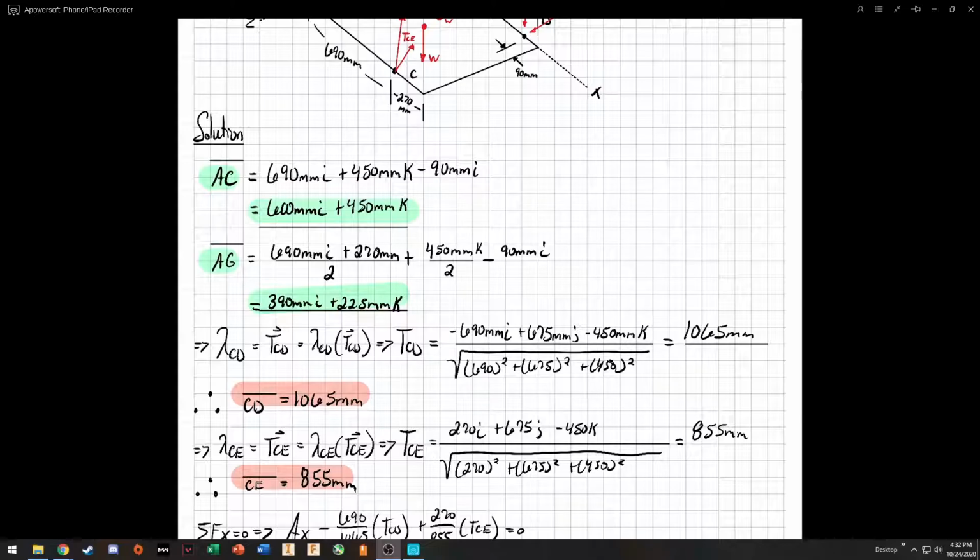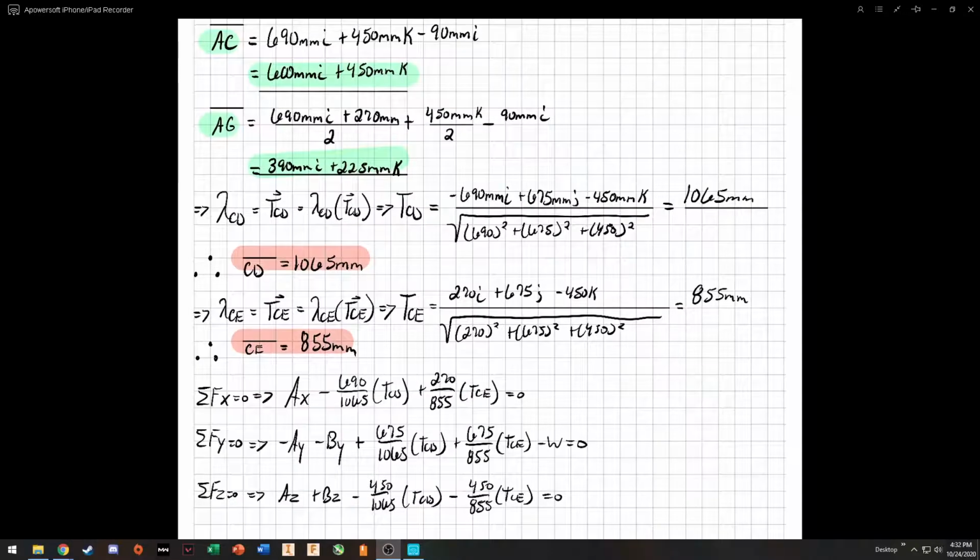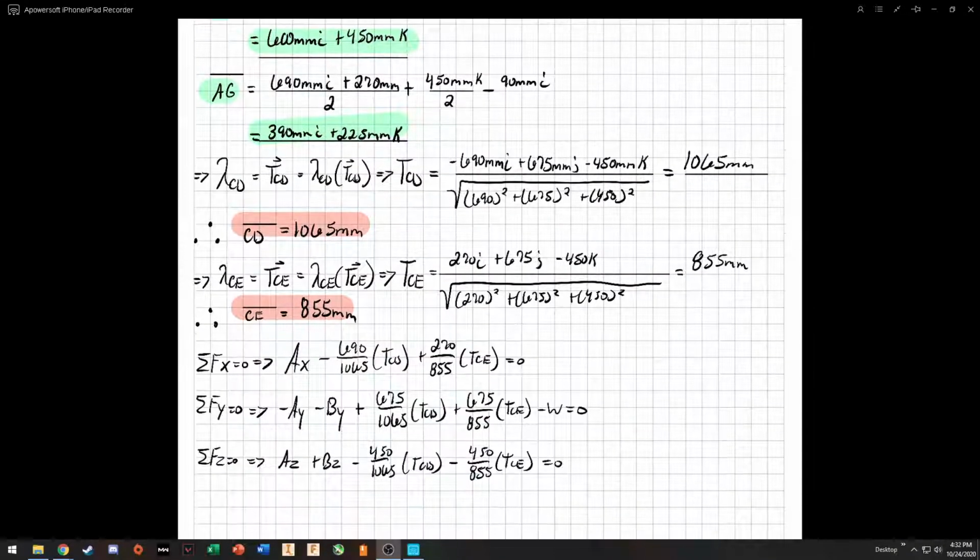We get our length CD to be 1065 millimeters. Doing the exact same thing for tension CE, with that same sum of squares, we get 270 I plus 675 J minus 450 K over the square root of 270 squared plus 675 squared plus 450 squared. We get our length CE to be 855 millimeters.